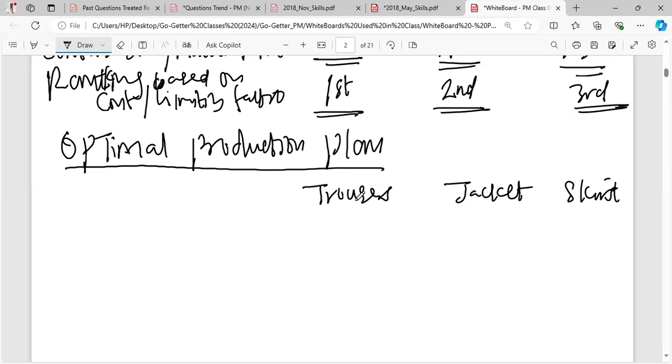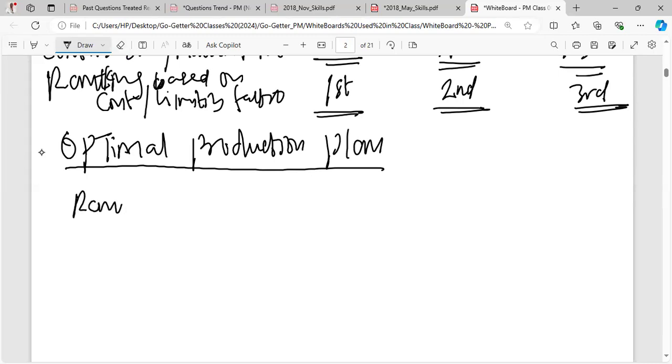I'll do it the other way around. Optimal production plan. The first thing to do here is not to arrange it this way. First thing to do is you bring your rank. We build our rank. Our rank here is first. Okay, sorry. This is where I'll do it.